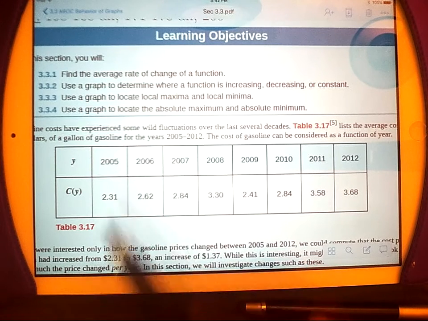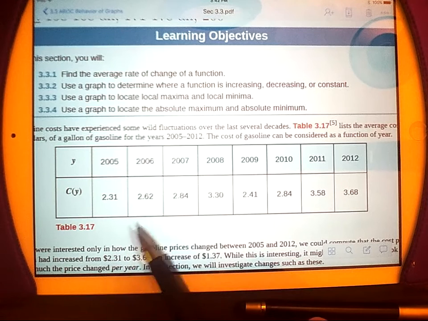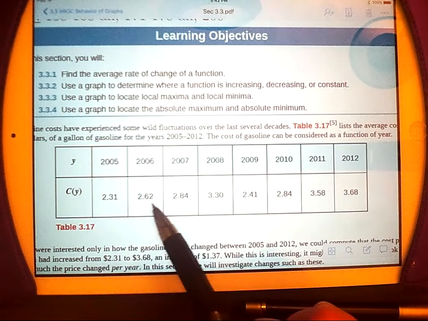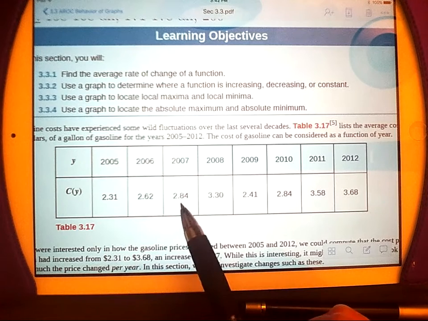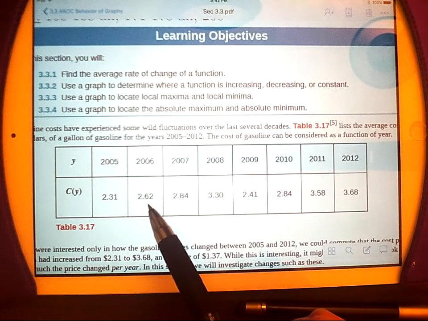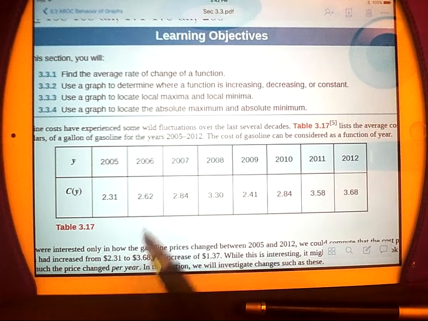And the difference between here is 1 year. So in 1 year, it changed 31 cents. Now over here, we could do the subtraction. 284 minus 262 is 22 cents. So in that year, it increased 22 cents. So it's not increasing at the same rate.